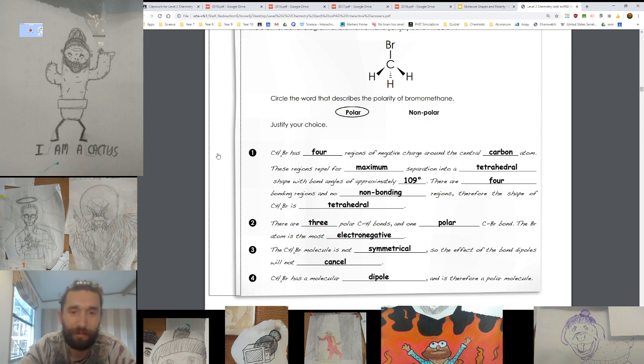Now, what they say here is that the CH3Br molecule is not symmetrical, so the effect of the bond dipoles will not cancel.